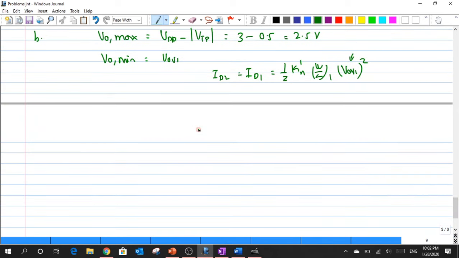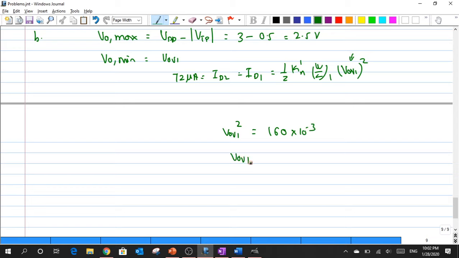I think the current value that we have for ID2 was computed as 72 microamperes. So I'm going to use that, and our VOV1 squared value would then turn out to be 160 millivolt, or not exactly millivolt because I have a square term, so it is basically 10 to the power minus 3.